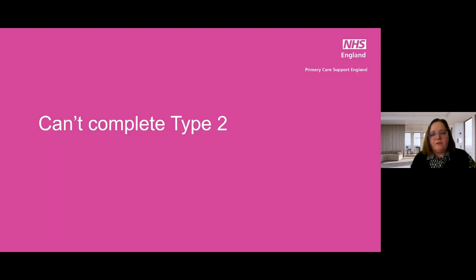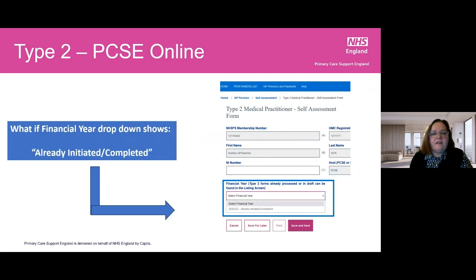Okay, so a couple of other themes in terms of not being able to complete the Type 2. This just brings to life some of those questions we've already listed off. You can see on the screen here that our GP has logged in, again a test account, and gone to select the financial year.